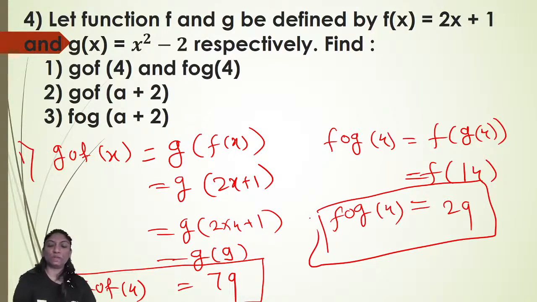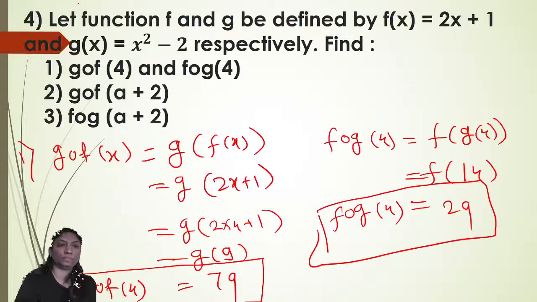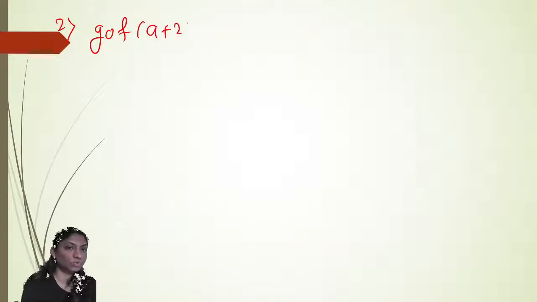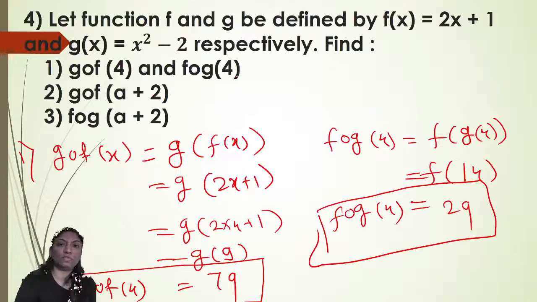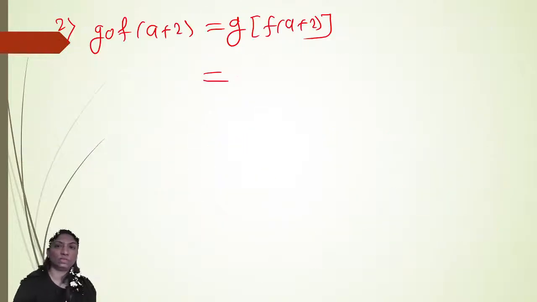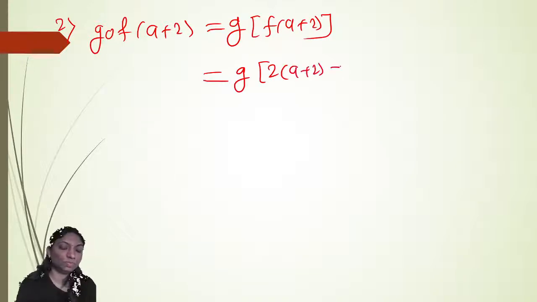Now g composite f of a plus 2. We will get g of f of a plus 2. What is your f of x? f of x is 2x plus 1. So instead of x, 2 into a plus 2 plus 1.